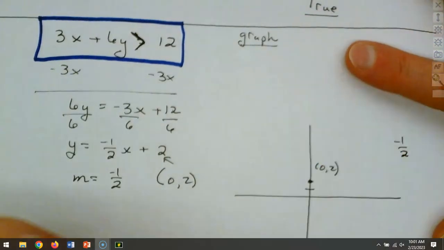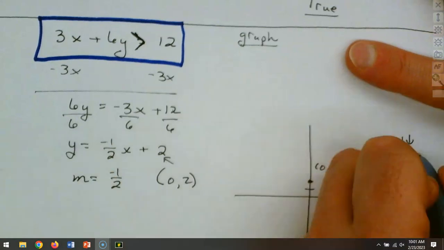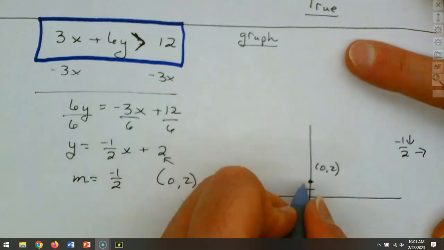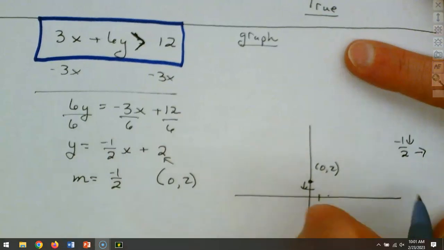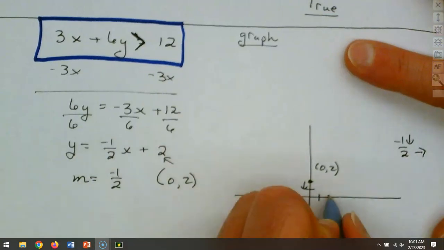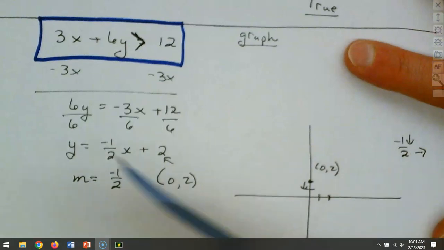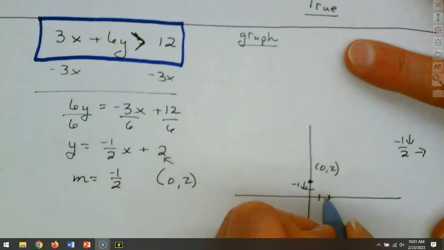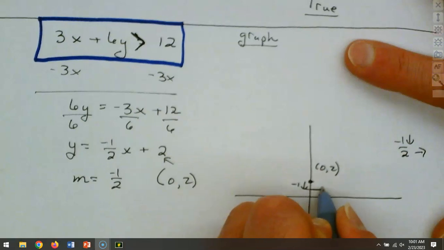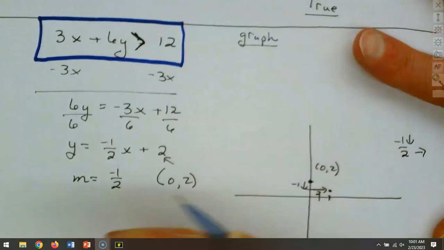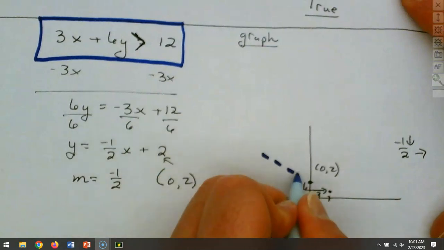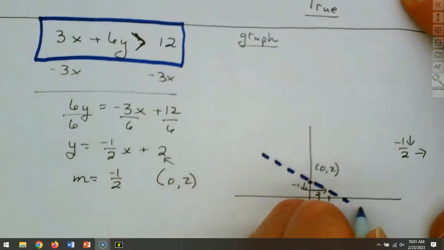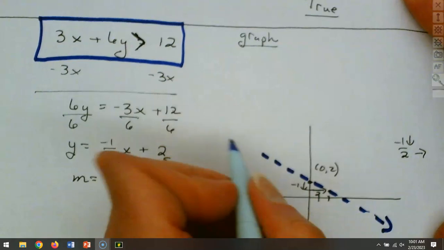Our slope is minus 1/2, so we're going to go down 1 and over 2, sorry about that. So we're going to go down 1, okay, and then over 2. Here's my second point. Now we are going to connect them together with a dotted line. Okay, so that's the only major difference.